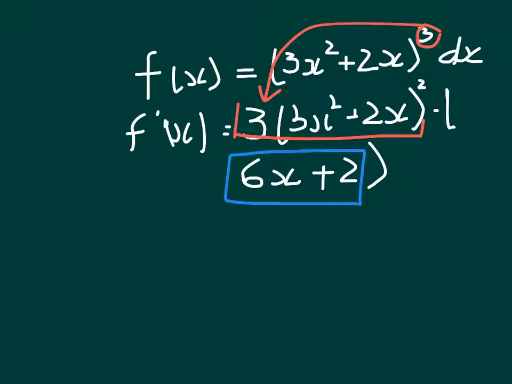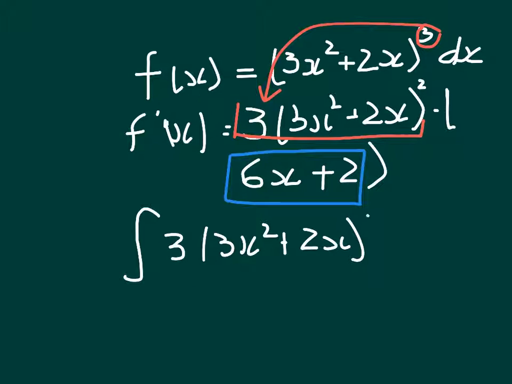So if we integrate now, and we have to rewrite this in terms of an integral, can you see, then we will have this whole part of the 3x squared plus 2x all squared, times 6x plus 2 dx.